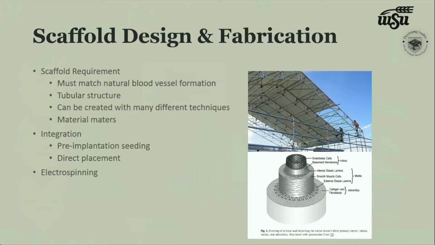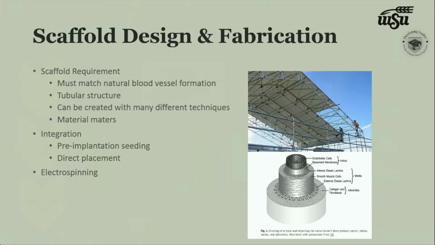So the scaffolds, in this case for vessels, have to match the natural vessel anatomy. And natural vessel anatomy is a three-layer system, so we want to try and match that. So they become a tubular structure, much like this. This is just a graphic showing the anatomies again.